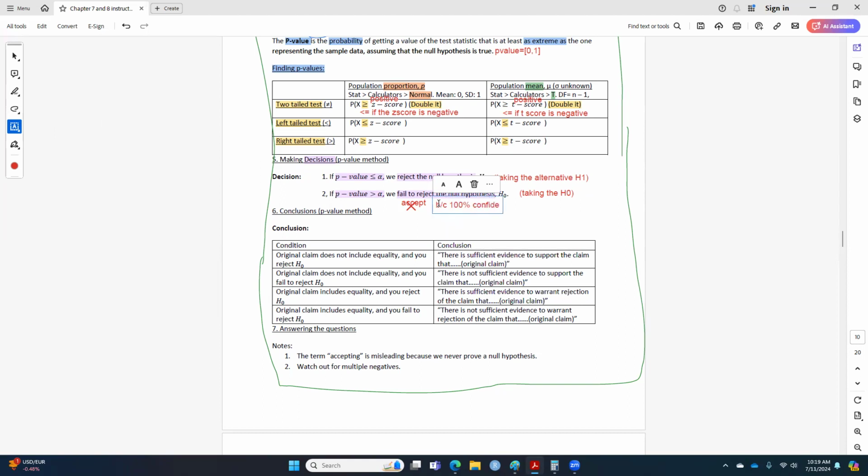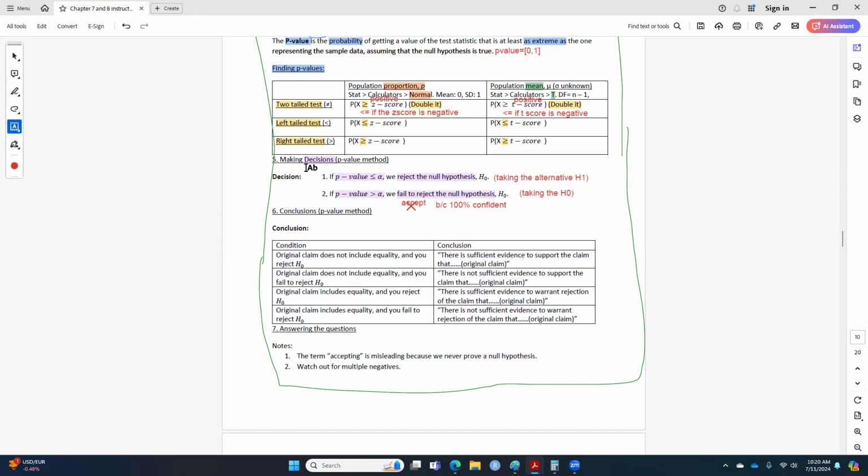We are only 95 or 99% confident. Accept is a very strong word, so we replace it with fail to reject the null. Mostly all statisticians use this wording, so you won't see the word accept in this case.